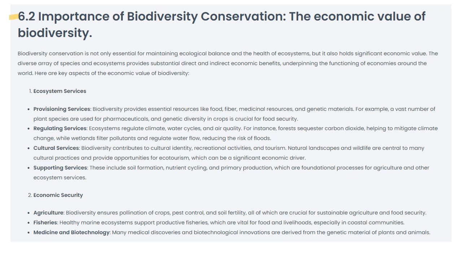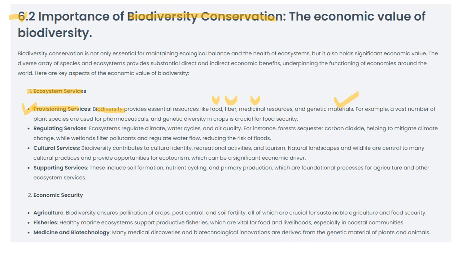Now, the second part, we come to the importance of biodiversity conservation. This biodiversity, we can say, plays an important role. What are the ecosystem services? The services it provides: biodiversity provides food, fiber, additional resources, and genetic materials.